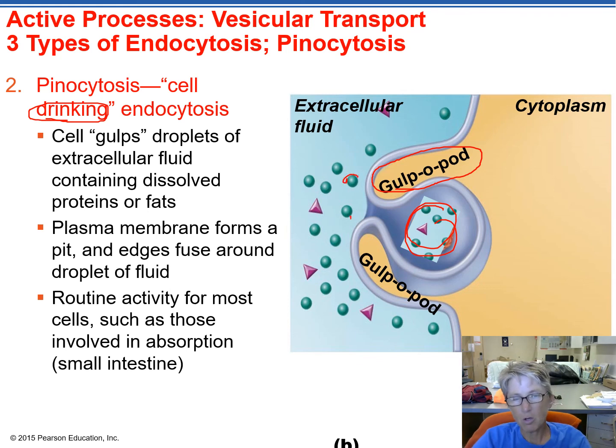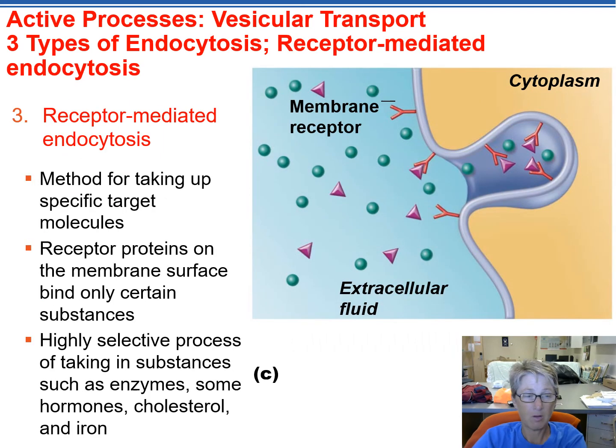So it says the cell gulps droplets of extracellular fluid, and those droplets often contain things that are dissolved in the extracellular fluid, which could be something like a protein or a fat. This is a routine activity for most cells, like cells in the small intestine. They do this pinocytosis all the time.